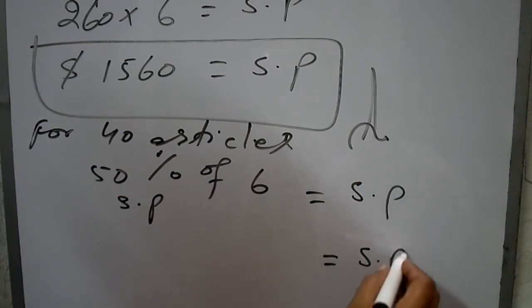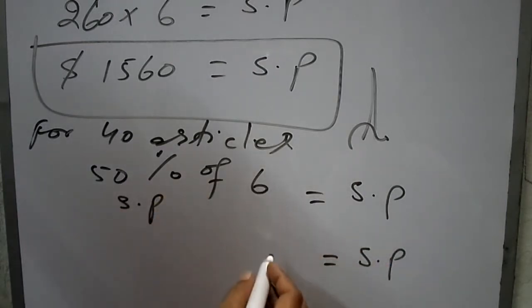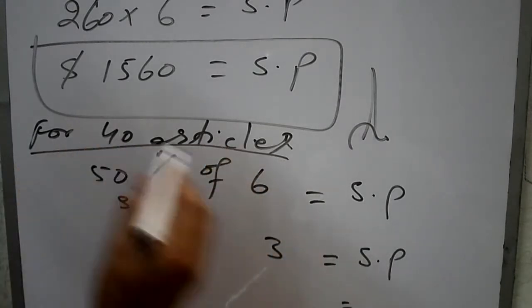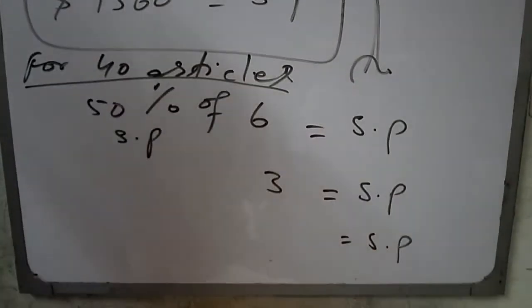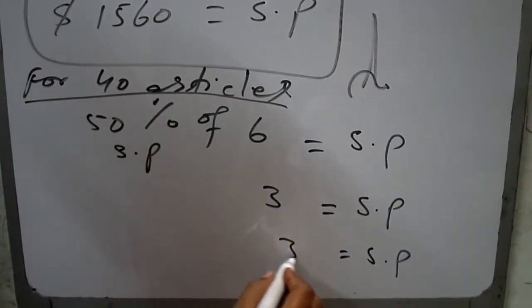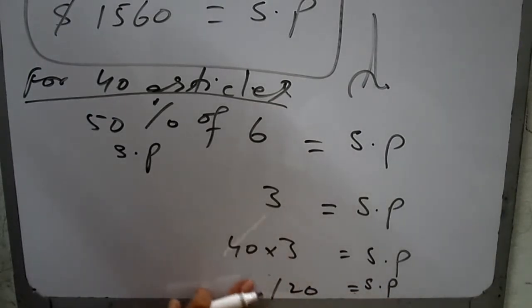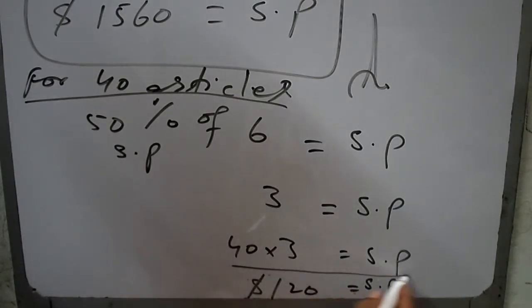So sale price 50% of 6 means 3. So multiplied for 40 articles, because we are calculating for 40 articles, therefore sale price for 40 is 3 multiplied by 40. You will get $120 is equal to your sale price. So that is your required result in this situation.